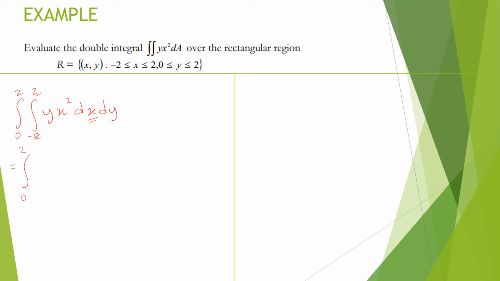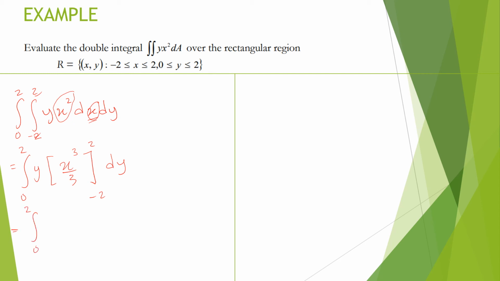Now integrate with respect to x. We get y cubed over 3 dy.